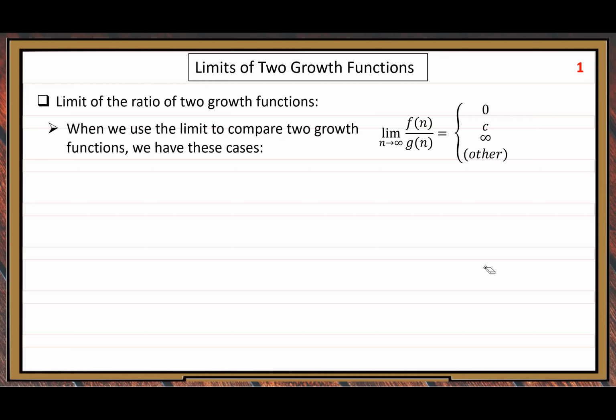Here, this c, although we can consider non-zero, but in our algorithm context, look at the underlying meaning of f of n, g of n, because we use these two functions to measure efficiency, right?